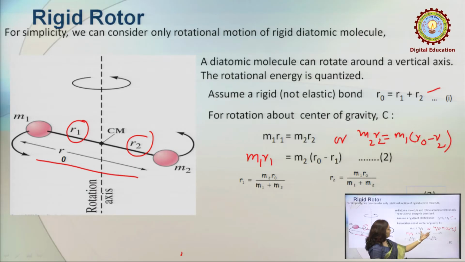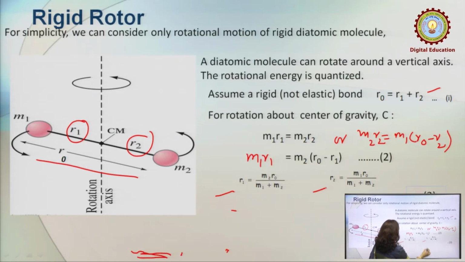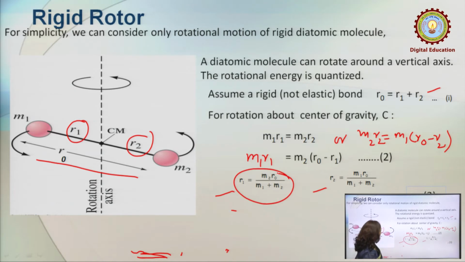With the help of these, we can calculate the values of R1 and R2. R1 is equal to M2 R0 upon M1 plus M2, and R2 is equal to M1 R0 upon M1 plus M2.